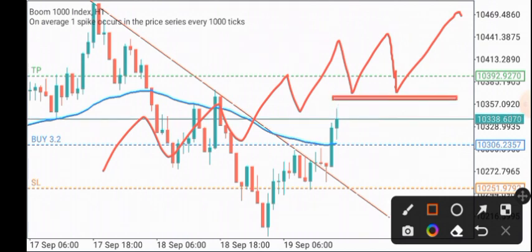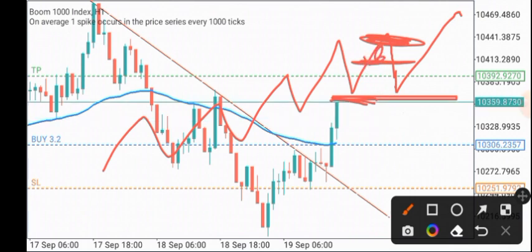Assuming this is your entry, make sure that this most recent low here is your stop loss point. Even if it's at this point to enter the trade, let your stop loss point be here. Except there is another low here that you can decide to put it there, but at the moment your stop loss must be here.